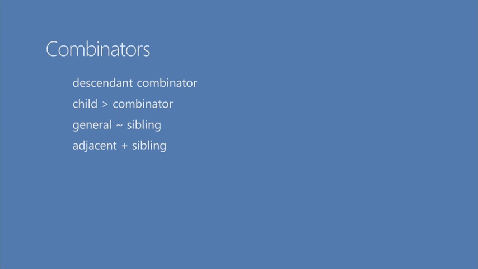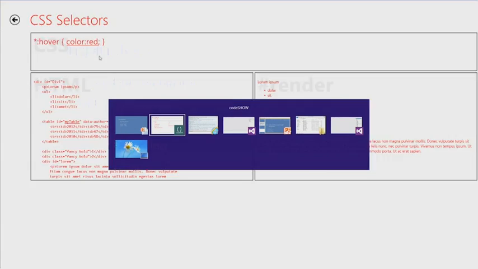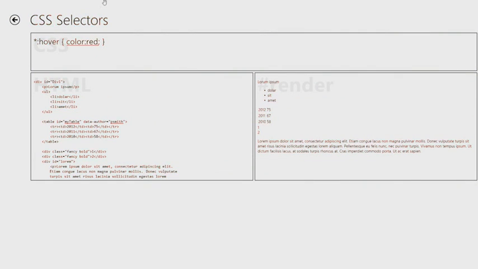Now combinators are ways of combining simple selectors in your CSS so that they apply to really targeted sections. So for instance, right now, I'm applying to all elements that are of the hover class, all elements that are being hovered over, and it's affecting everything. It's not what I want. Now, I've rendered in this selectors example this #render behind here so that you can see that that's the ID of that render screen.